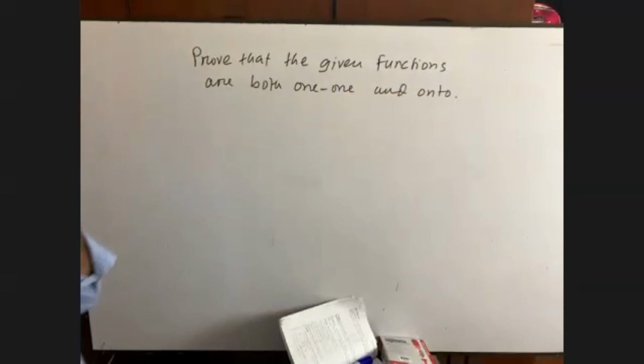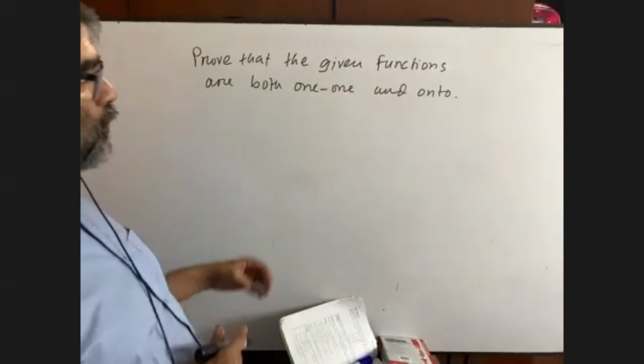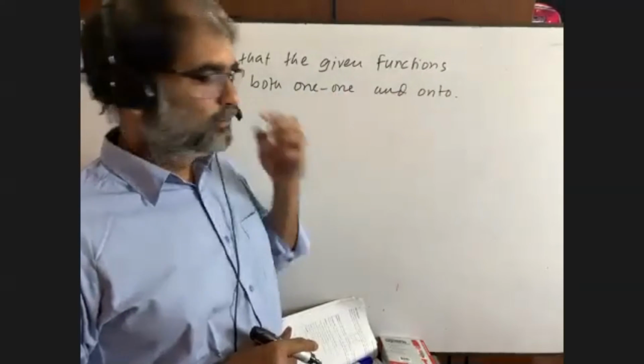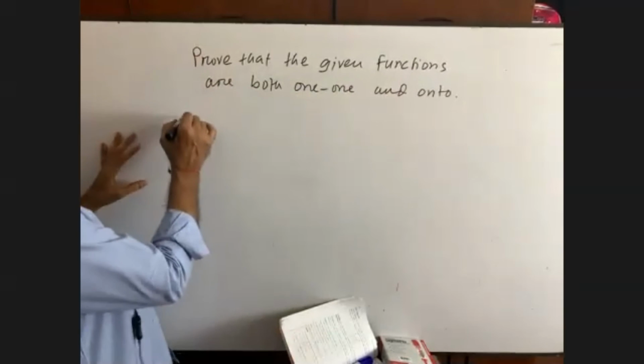Okay, so in one math you have to do both proofs. You have to prove at first that it is one-one, then you have to prove that it is onto. I am giving you some math.